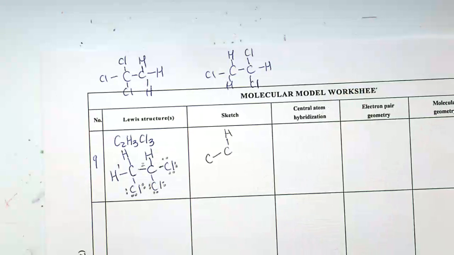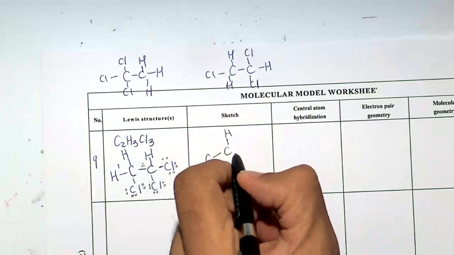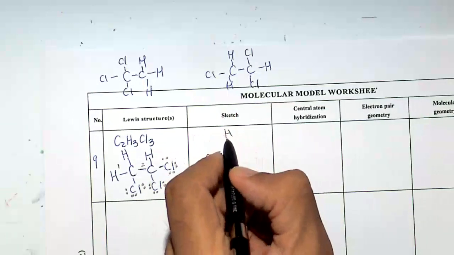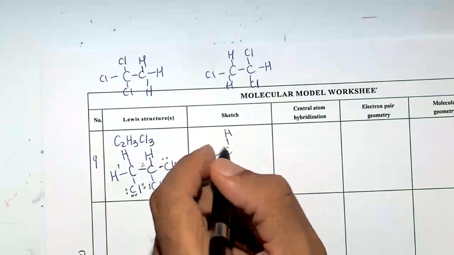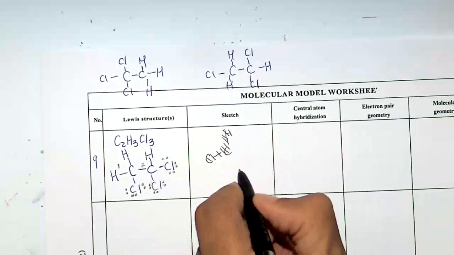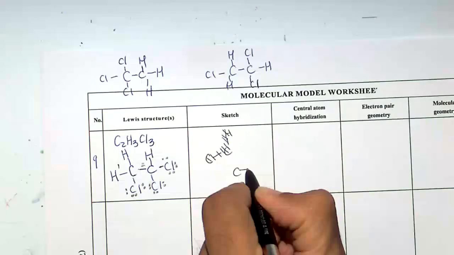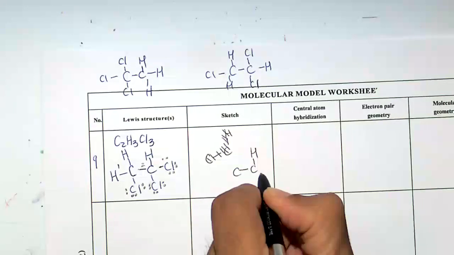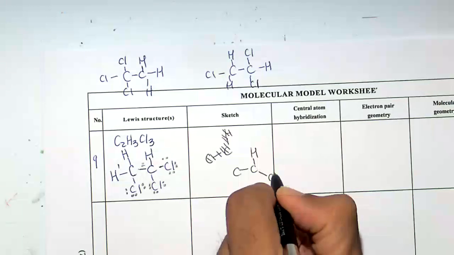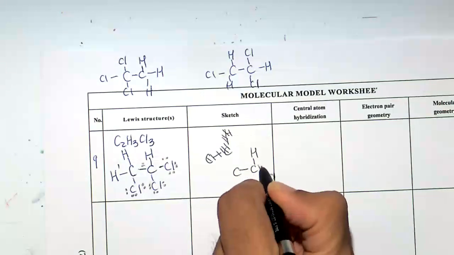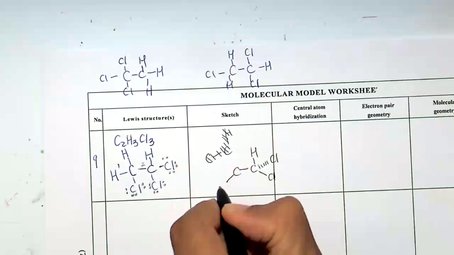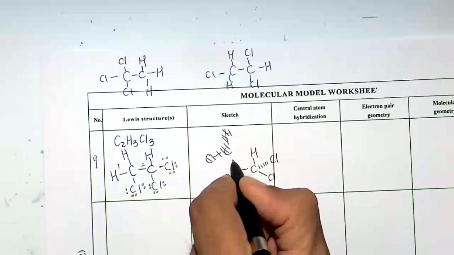So these are two tetrahedrals joined together. Okay, so this is one way to draw it. There's many ways to draw this.